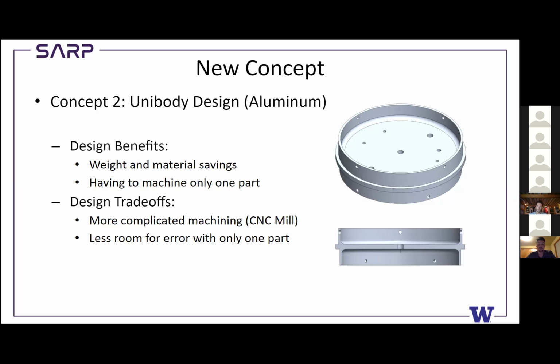So if we mess up here, there's not much we can do other than just restart. And with that, we're also using more complicated machining now that we're trying to use the CNC mill. So that's another design trade-off with this new proposed unibody design.